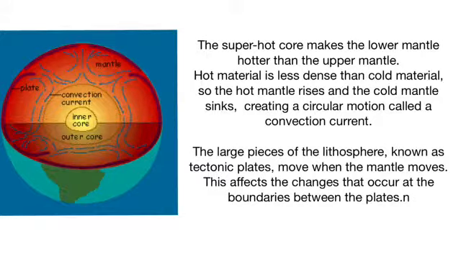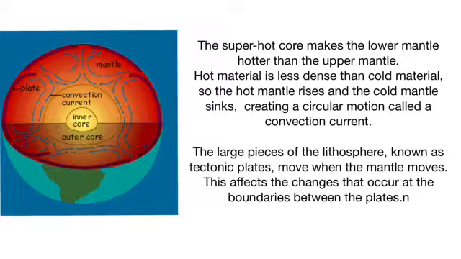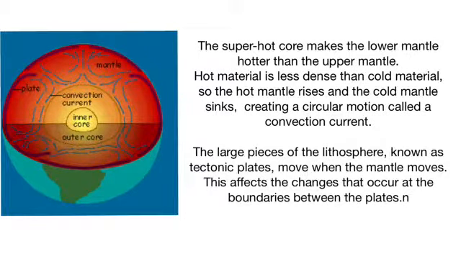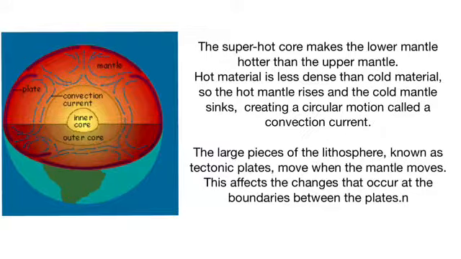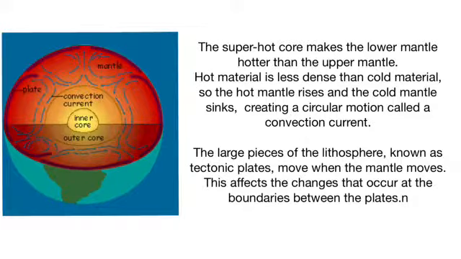When things are hot, they're less dense, and when things are cold, they're more dense. So the hot mantle that is nearer to the core, it rises because it's less dense, and the somewhat cooler mantle that's above it sinks because it's more dense. This produces a circular motion that we call a convection current.